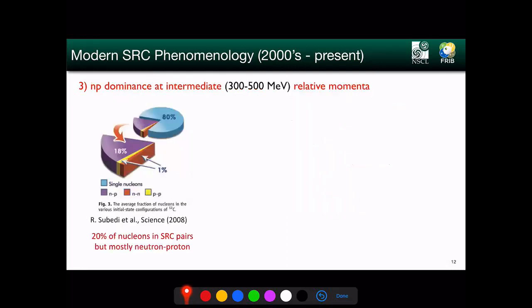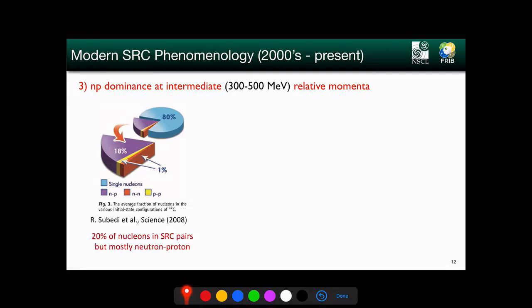The other crucial thing is this so-called NP dominance at intermediate ranges of relative pair momentum in this range here. The idea is that if the part of the nuclear force responsible for kicking these nucleons up above the Fermi surface acted equally on NN, NP, PP, and so on, then the number of SRC pairs of each species would be roughly given by counting pairs of each type.